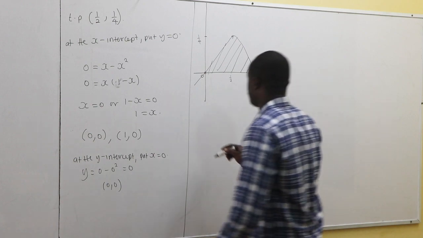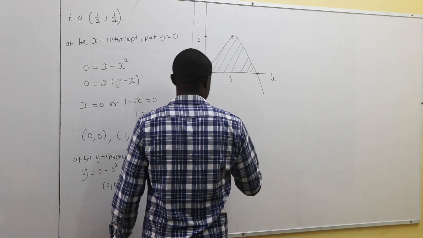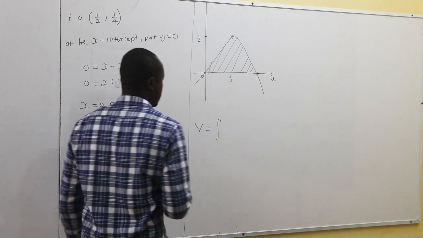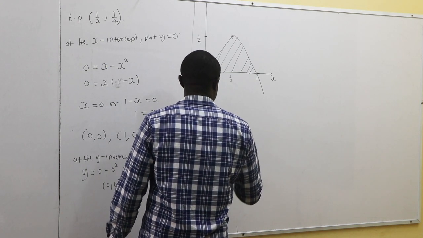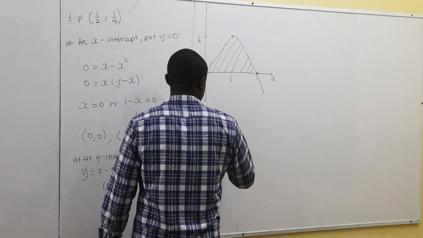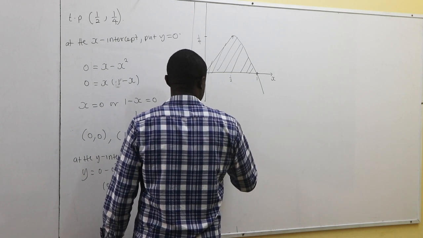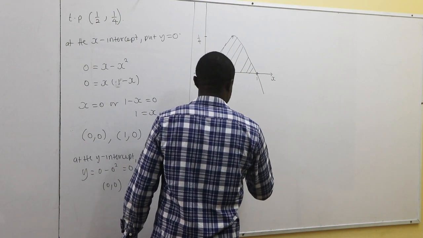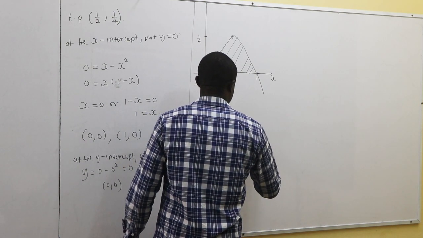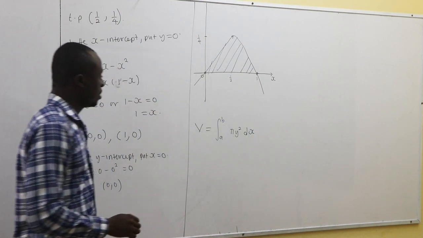Now, the volume is given by the integral from a to b of pi y squared dx.